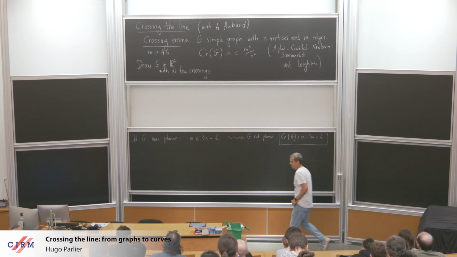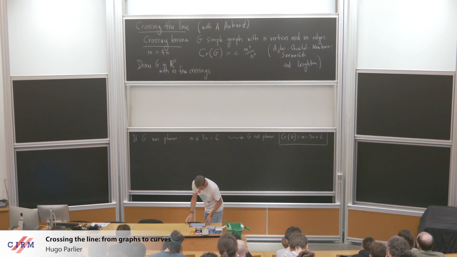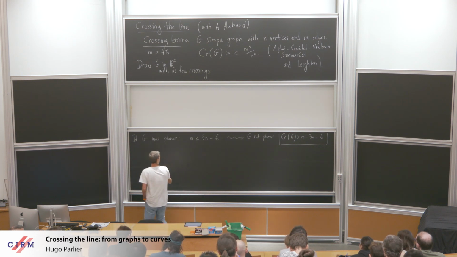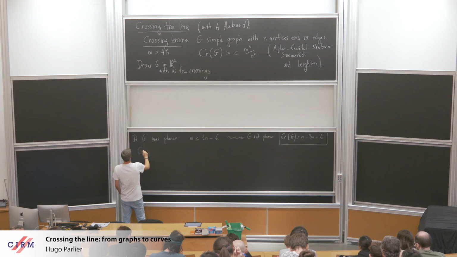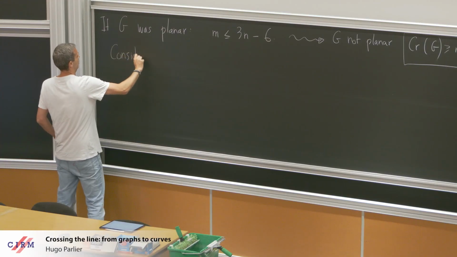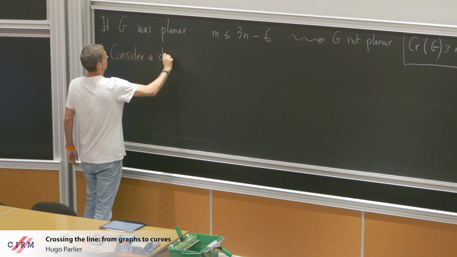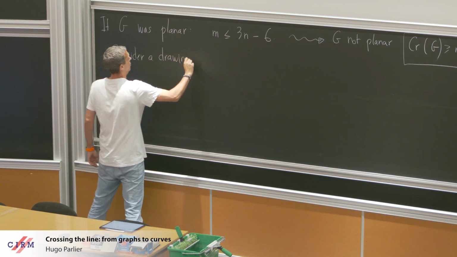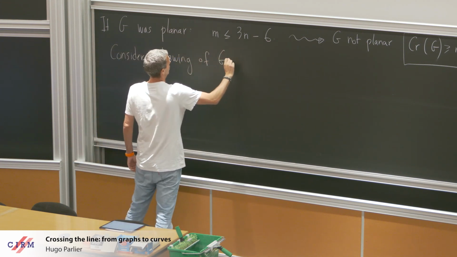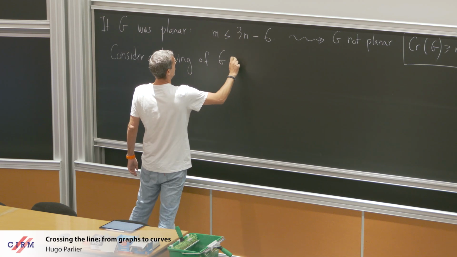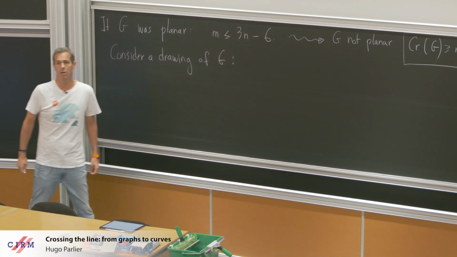There we go. Okay. And so here's the argument, which is very elegant. So you take a drawing of G. You choose your favorite drawing of G with some minimal number of crossings.